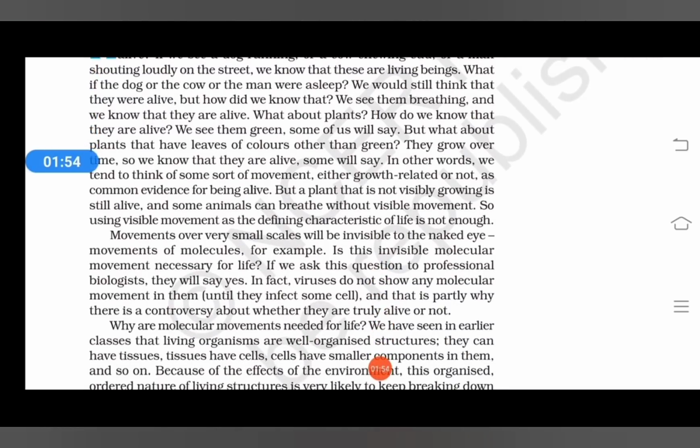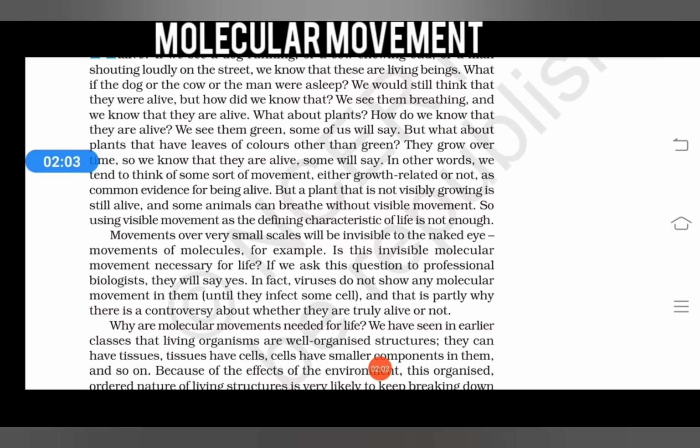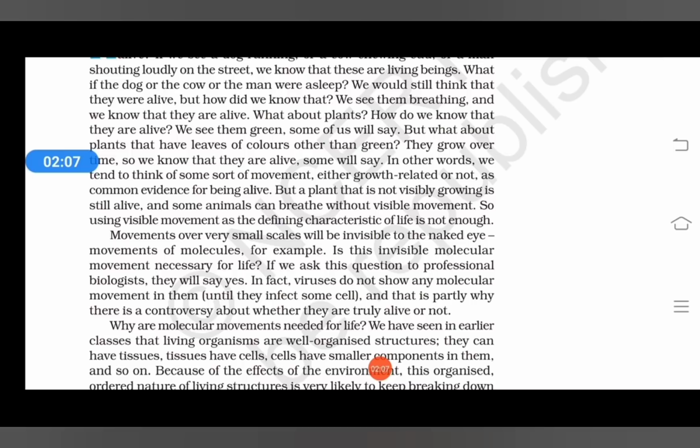Movements over very small scales will be invisible to the naked eye. Movement of molecules, for example. Is this invisible molecular movement necessary for life? If we ask professional biologists, they will say yes. In fact, viruses do not show any molecular movement in them, and that is partially why there is a controversy about whether they are truly alive or not.